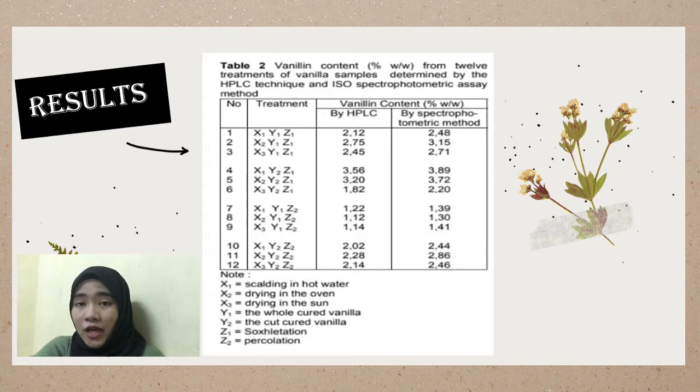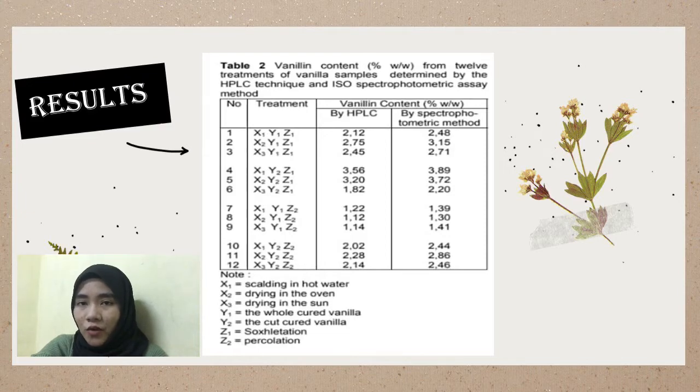The second data, X2, Y1, Z1, gives 2.75% by HPLC, while by spectrophotometry is 3.15%. For the third result, from X3, Y1 and Z1, we get 2.45% by HPLC and 2.71% by spectrophotometry.